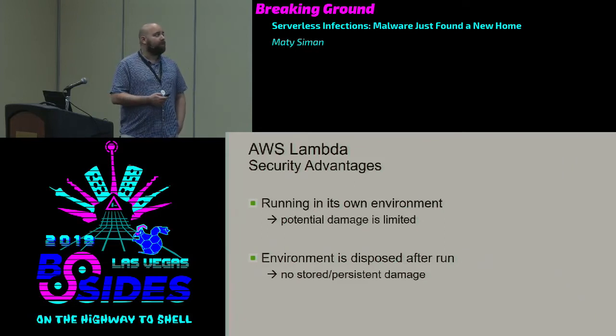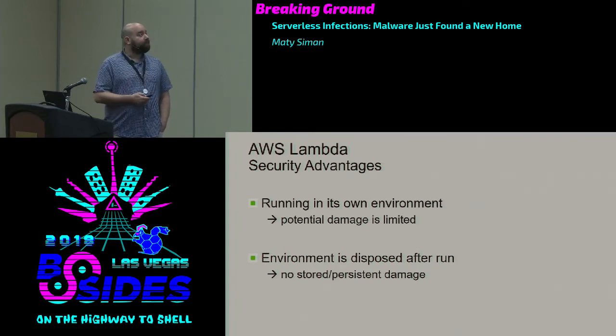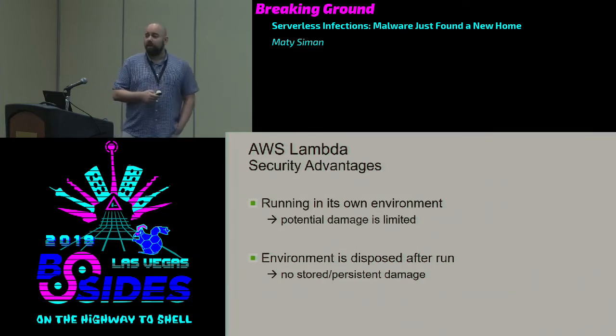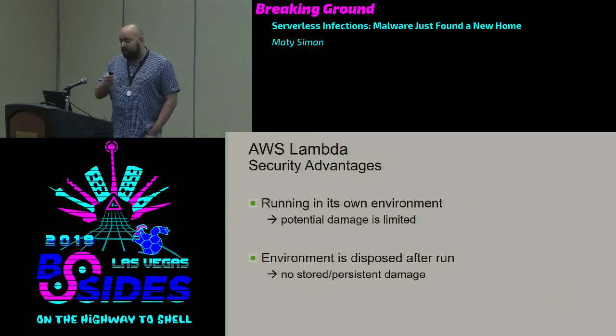This means that there is no stored, no persistent damage. Even if there is some sort of micro damage, it will vanish after 60, 100, 200 milliseconds. A lot of people think that combining these two together makes every vulnerability obsolete.